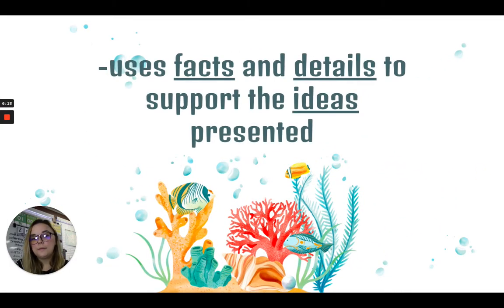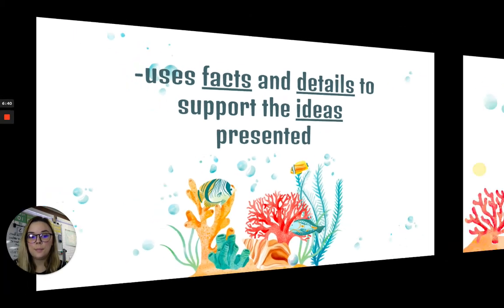It also uses facts and details to support the ideas that are presented. So in informative writing, you are using just the facts and details to support or to tell more about the ideas that are presented. You're not using opinions or I think that this is really cool or anything like that. It's just the facts.